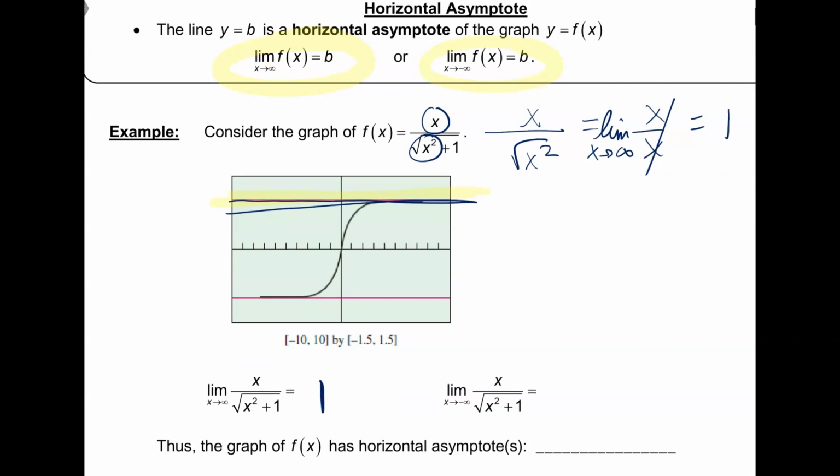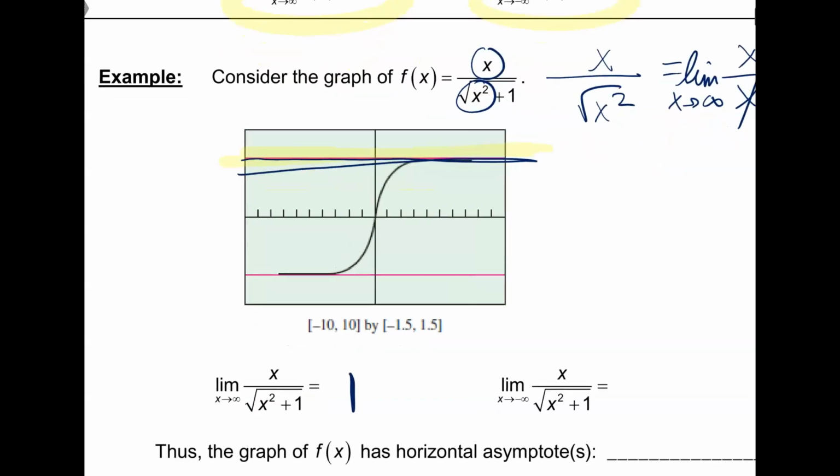As I approach negative infinity, I'm approaching, well, this is the graph of it, just FYI. So on this left side, as I put positive numbers, I have a positive over positive. As I put in negative numbers, remember how we had a square root of a square? If I square a negative, it turns positive.